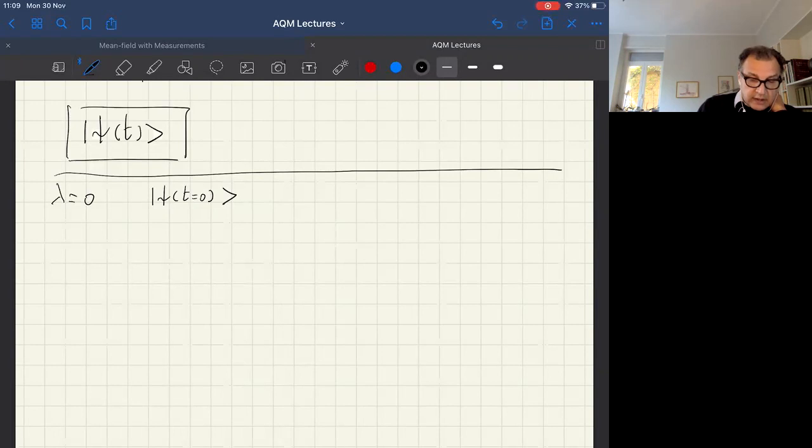Remember that H0 is time independent, so I can write down the eigenvalue equation, H0 phi 0 of n equals E n phi 0 of n.